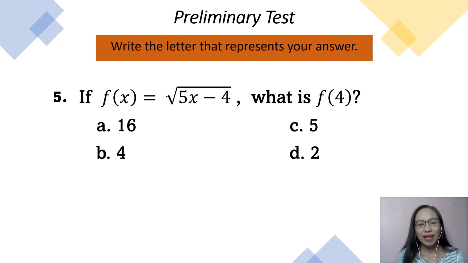Now again, if you think you need more time, then you can pause the video and take your time answering. Okay, I guess you're ready with your answer. So let us check. The correct answer is letter B, and that is 4.